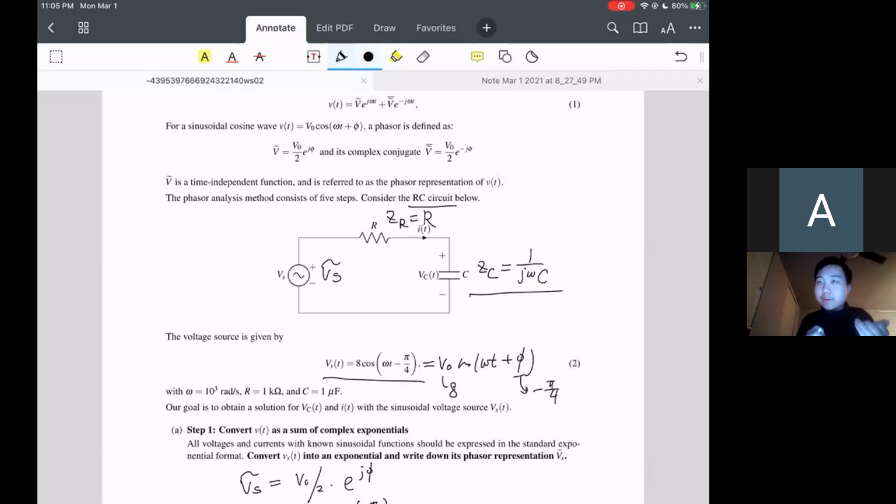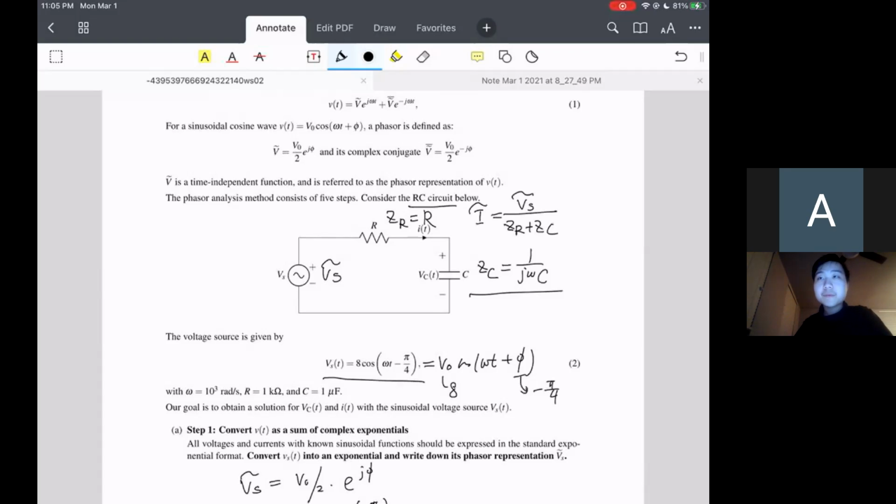But we should be very careful, because whatever we get out of analyzing in phasor domain stays in phasor domain. To convert back into the regular domain, we have to apply the formula. So we see that I tilde is equal to Vs tilde over ZR plus ZC.